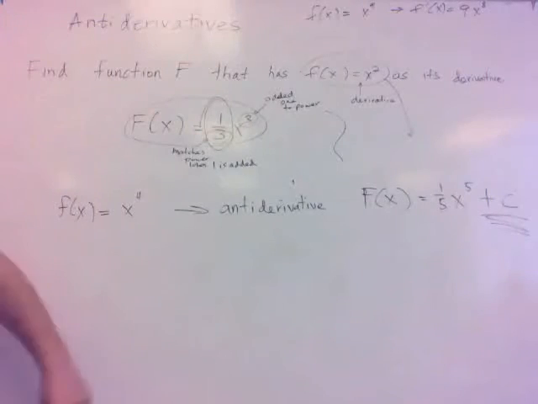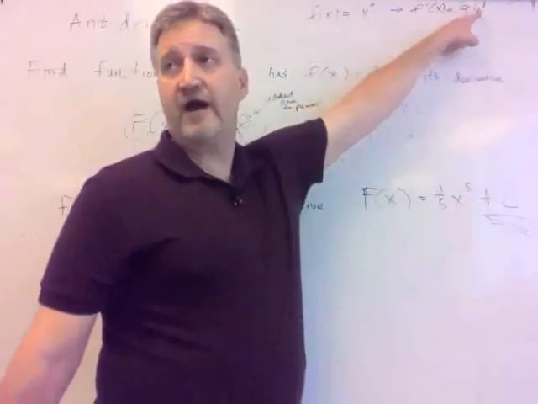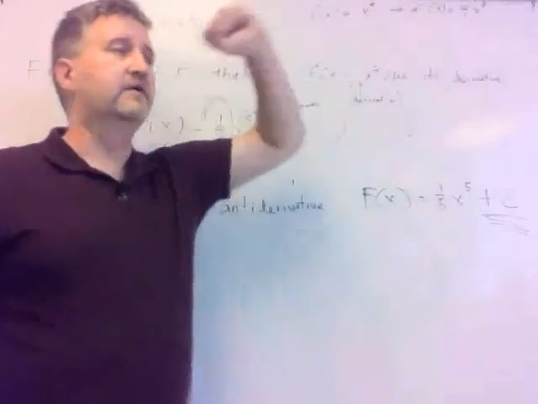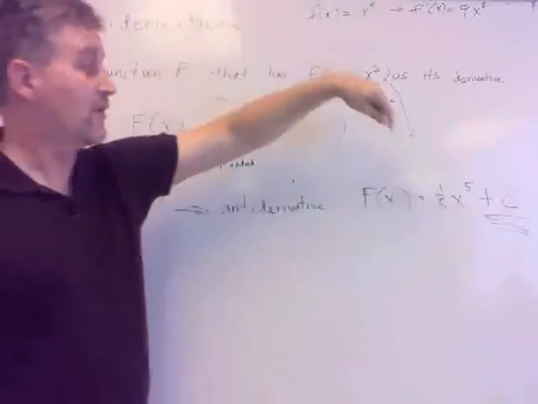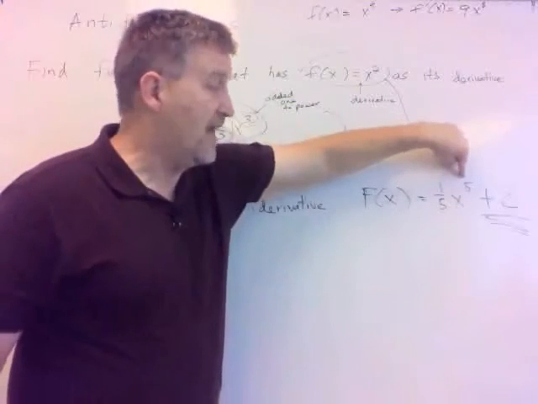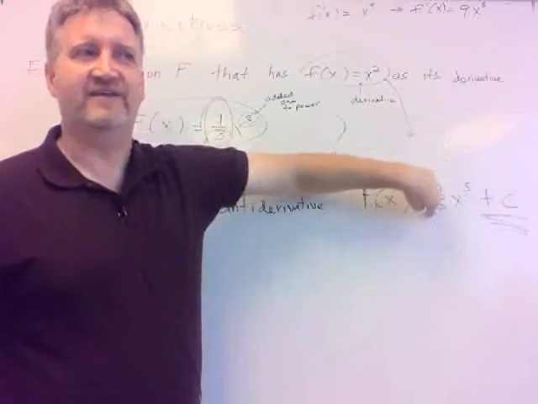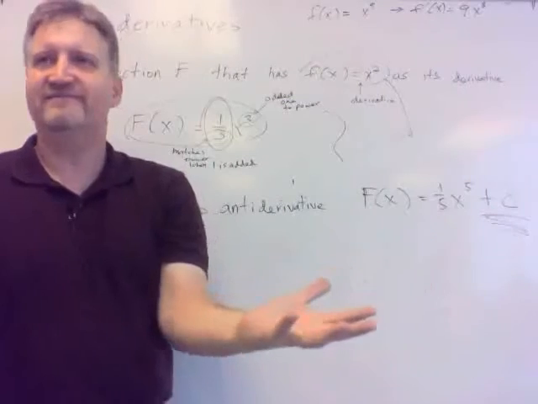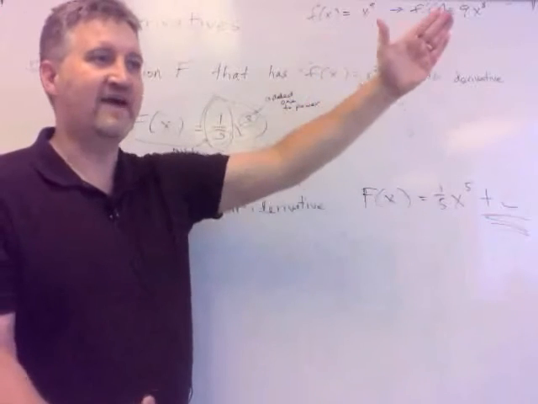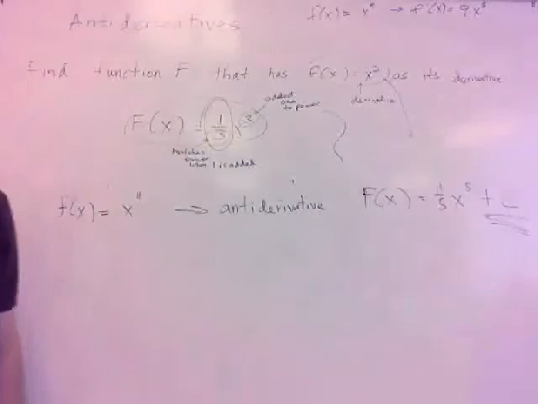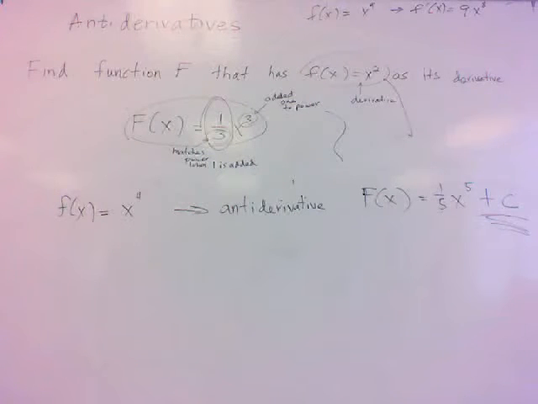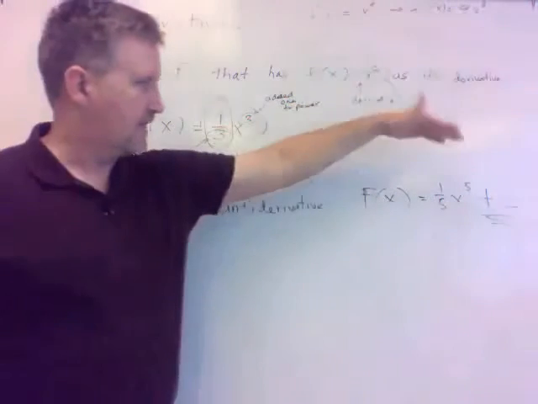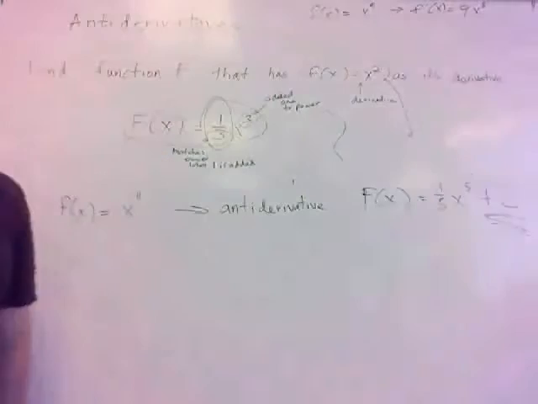I multiply and then I subtract. What do I do here? I add 1 and divide. Isn't that the opposite of multiplying and subtracting? Yes, it is. So it's the very opposite thing that we're doing. Add 1 and then divide by that new power.